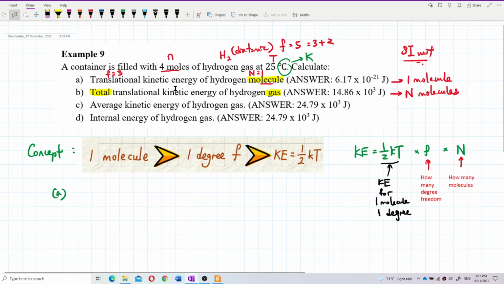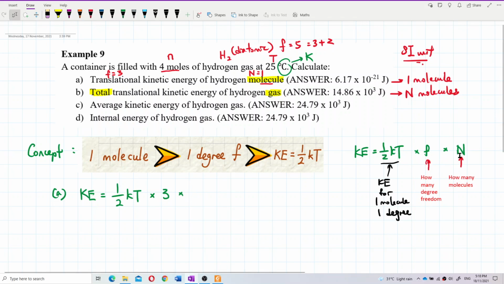Question A, I want to find the translational kinetic energy for one molecule. So I start with half kT, which is the kinetic energy for one molecule and 1 degree of freedom. Now, how many degrees of freedom are there? 3 only, right? So multiply 3. My F is 3.